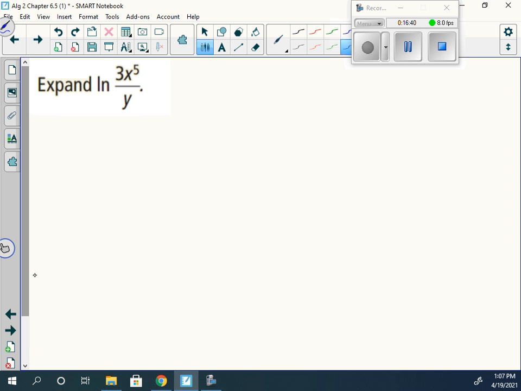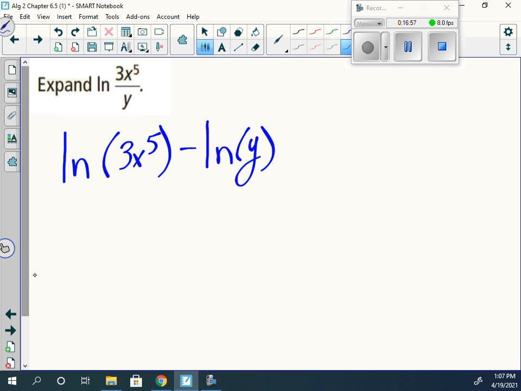We always want to start out with division, simplifying the division. So how would we rewrite this? Yep. Natural log of 3x to the 5th minus the natural log of y, because we can rewrite that division inside of the logarithm as this here.